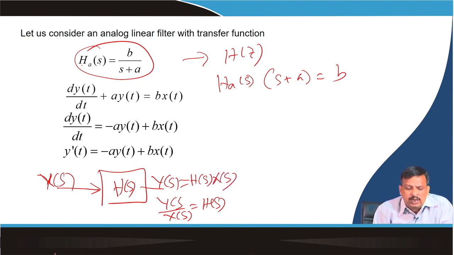Okay. So the Y(s) in the time domain is y(t), and X(s) in the time domain is x(t).